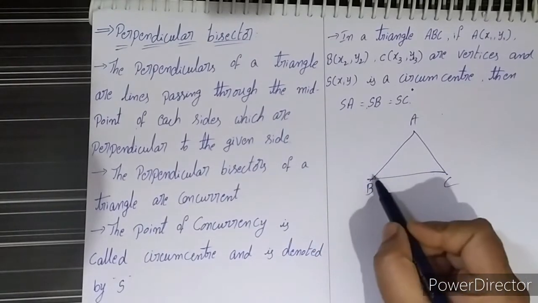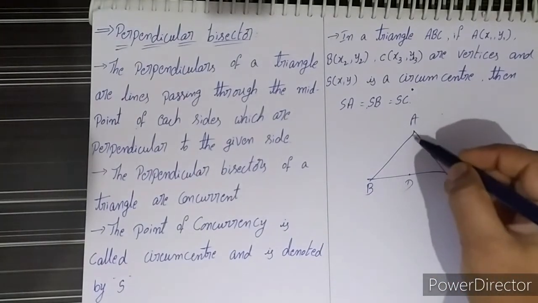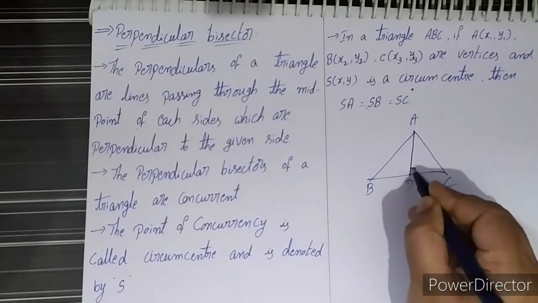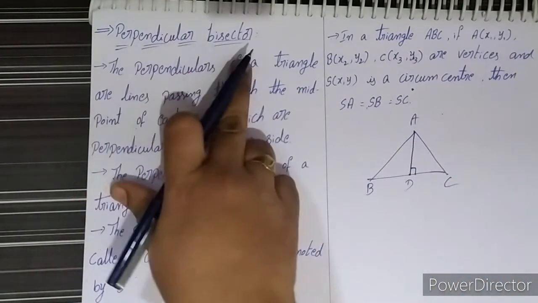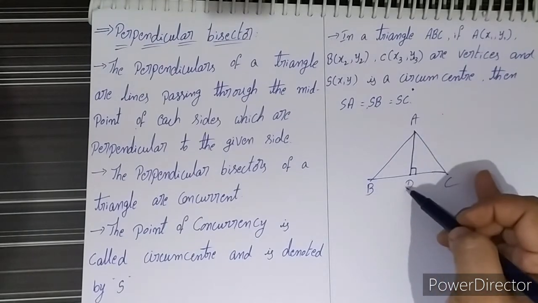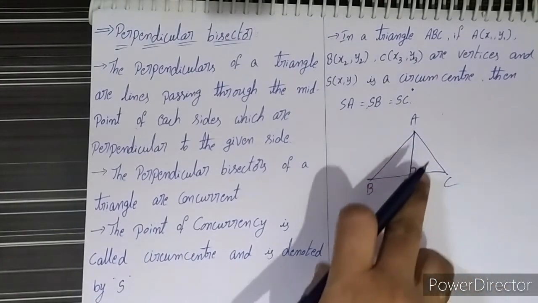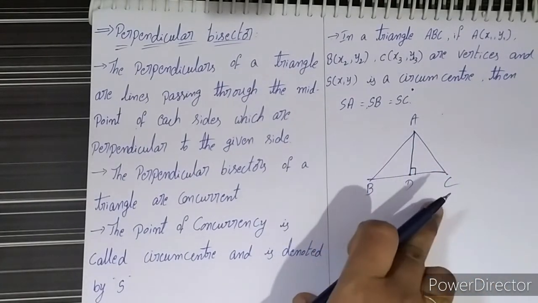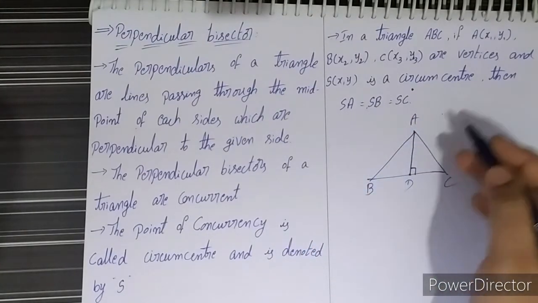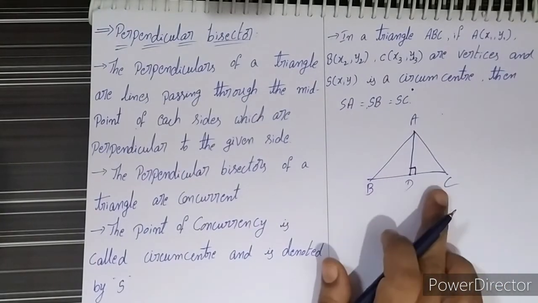First, this is the midpoint D, then this AD. Here the perpendicular bisector line is drawn from the vertex to the opposite side. That means that line is perpendicular to the opposite side.